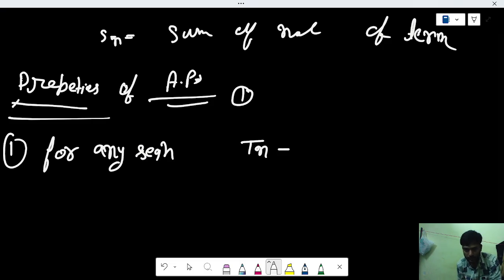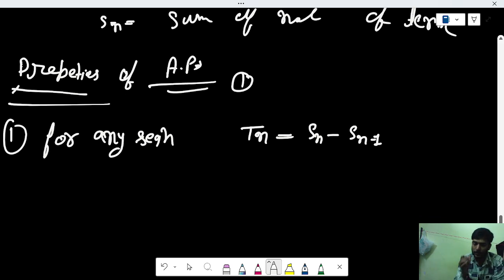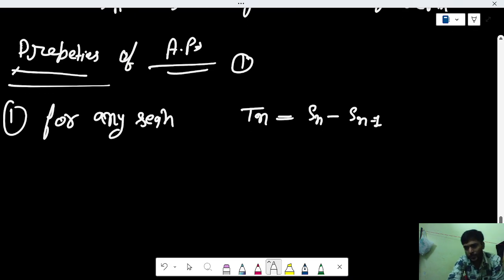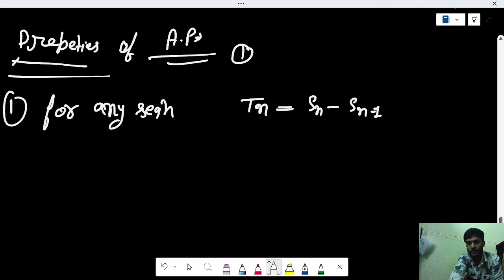Tn is equal to Sn minus S(n minus 1). This is how we can prove it.